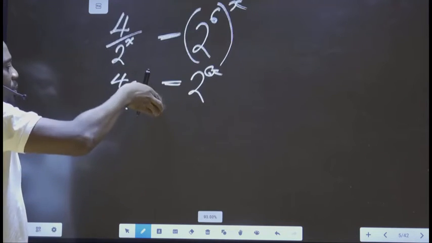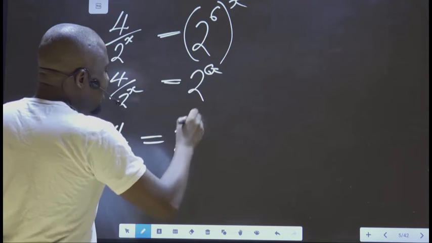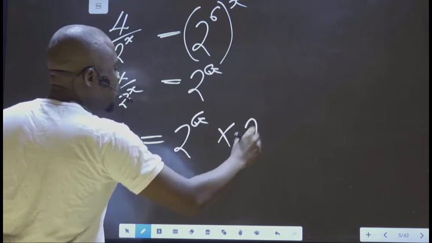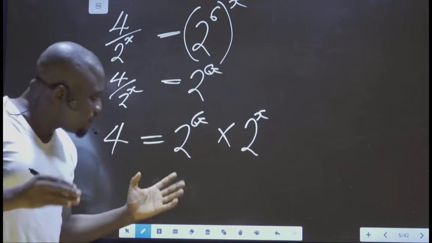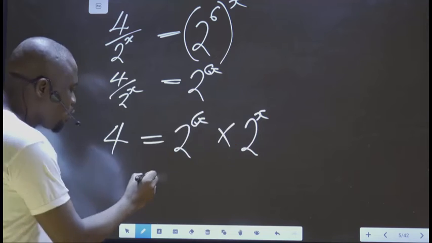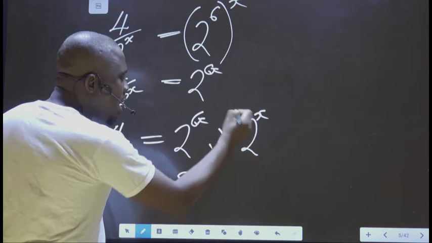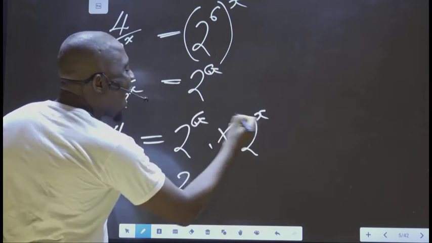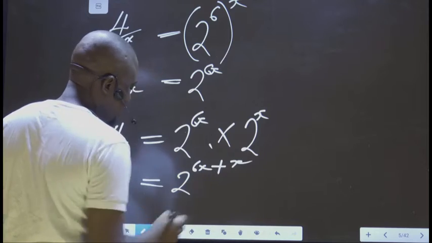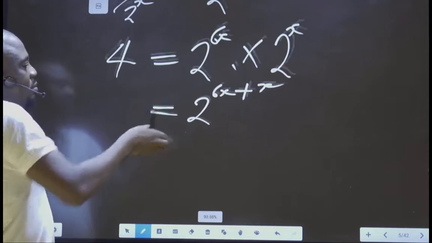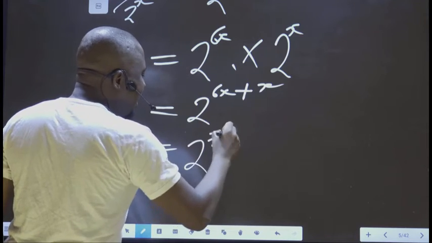Let's move up. I will do cross multiplication now to have 2 raised to the power 6s multiplied by 2 raised to the power x. In indices, you agree with me that if you have something like this, when we have similar base and there is this multiplication sign, you can add the power. That is 6x plus x. Therefore, 2 is equal to this. That is 7x.